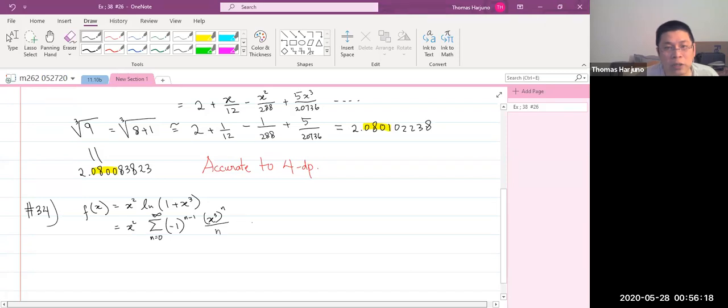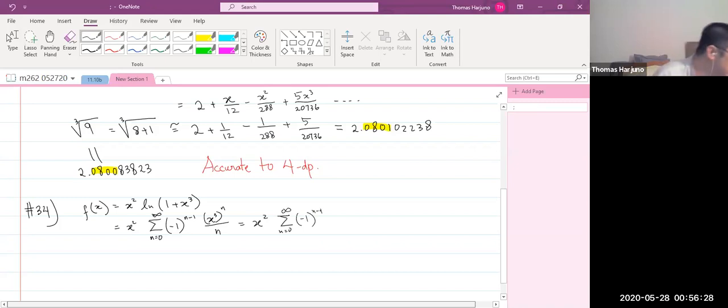So this is x squared times the alternating series. Okay, we should start from 1, not from 0. From 1, not from 0, of x to the 3n over n.